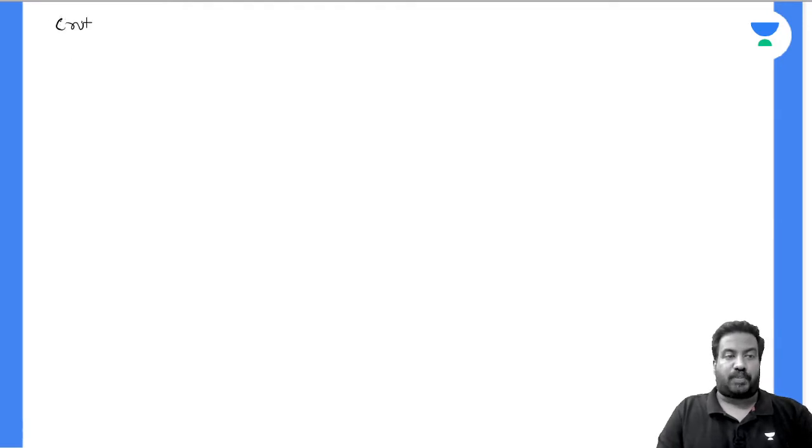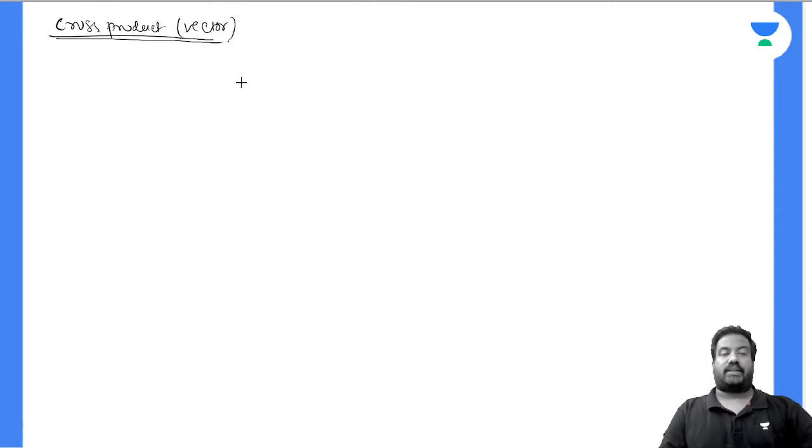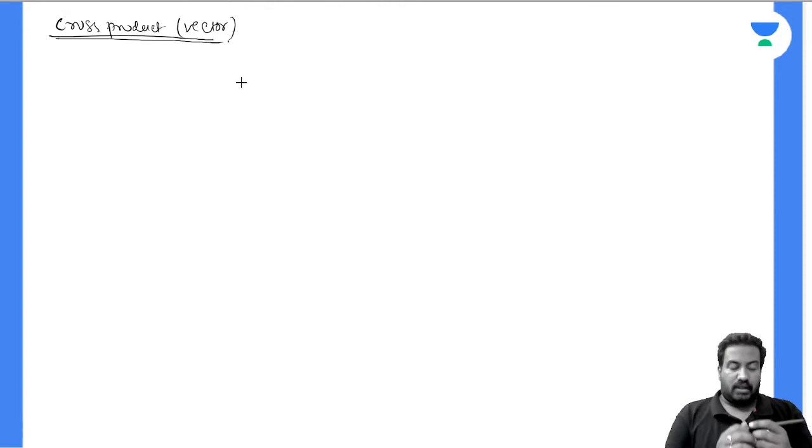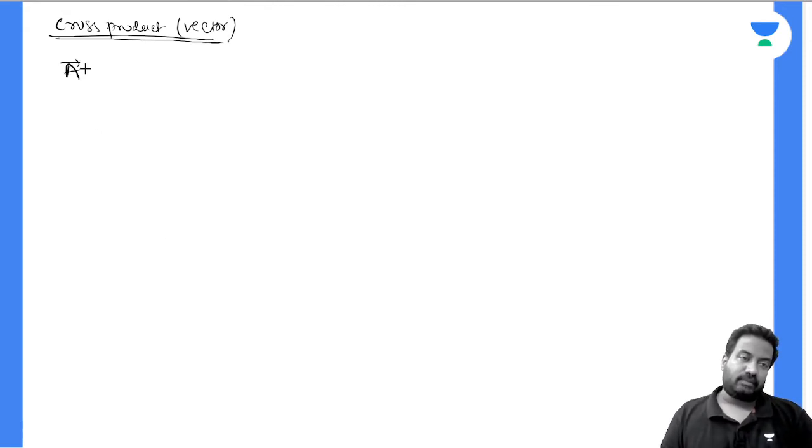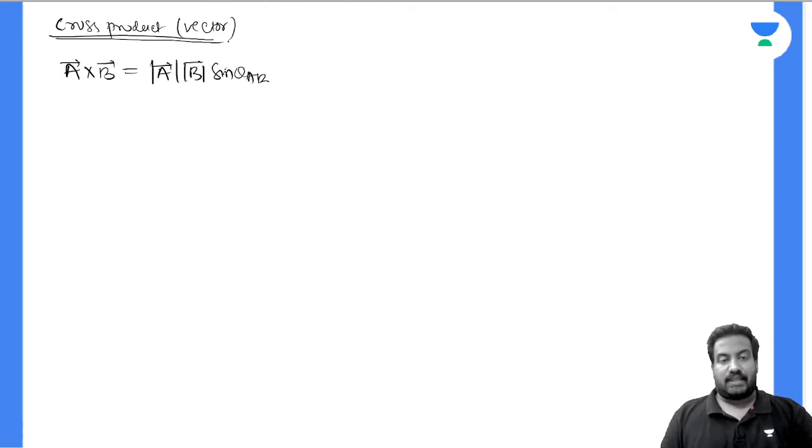Next is cross product, also called as vector product. If A and B are two vectors, then A cross B is equal to mod A mod B sin theta AB into AN.